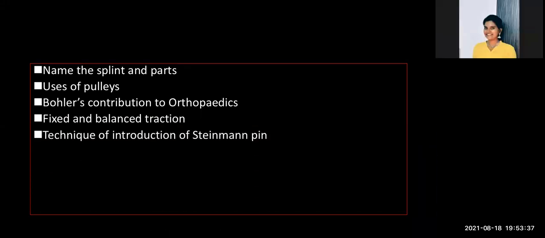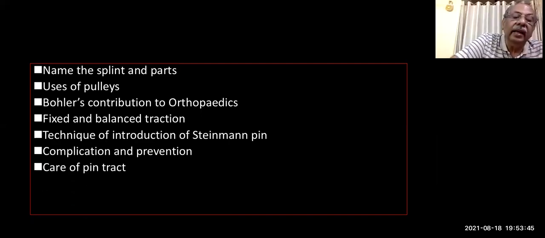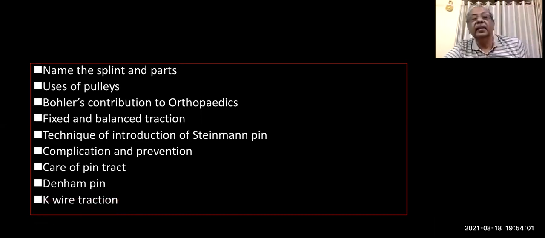Then technique of introduction of the pin, complications and prevention of complications, and care of the pin tract. What will you do every day to the pin tract? It should be cleaned daily, and usually no dressing is given to the pin tract. It is left open. Then the uses of a Denham pin and K-wire traction. These are the various things which you should know regarding skeletal traction.